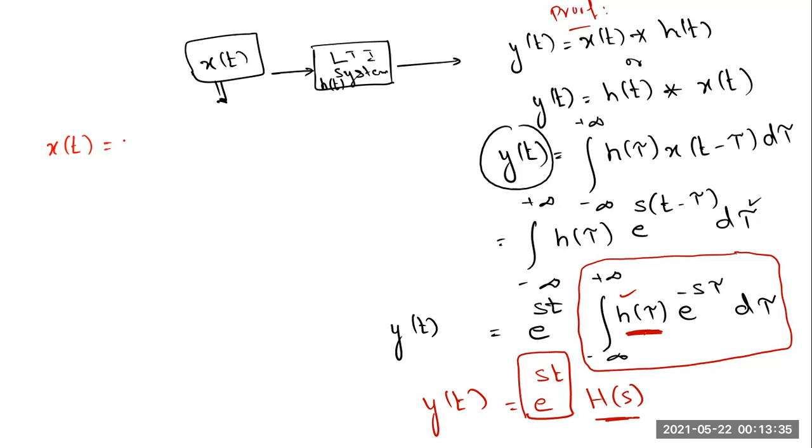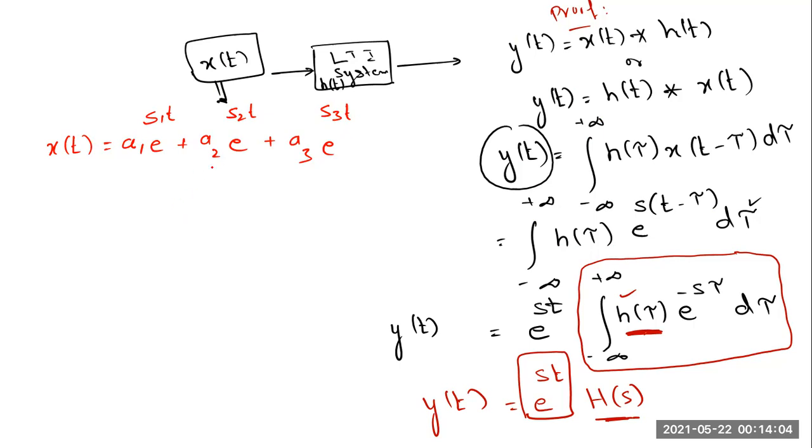Let's assume that x of t is like this: a1 e to power s1t plus a2 e to power s2t plus a3 e to power s3t. So our input is a linear combination of three complex exponential signals.